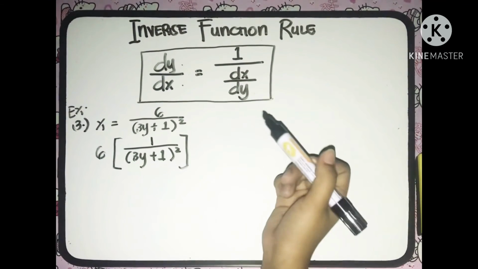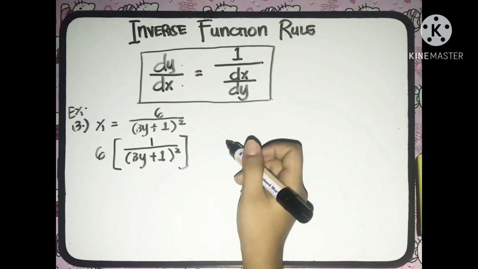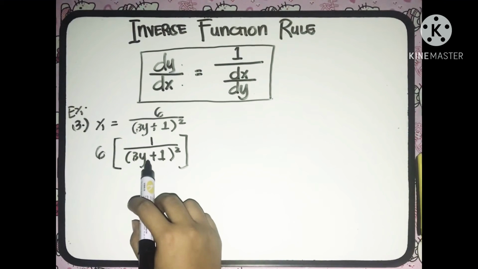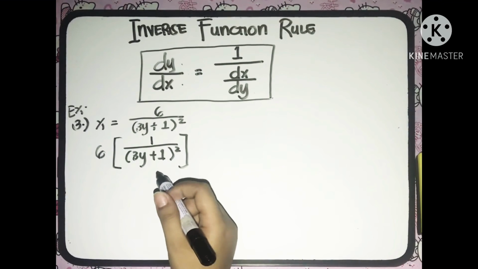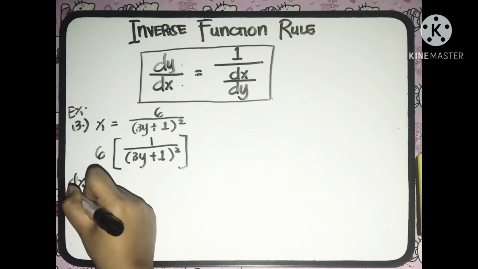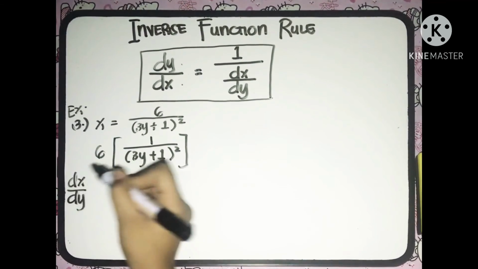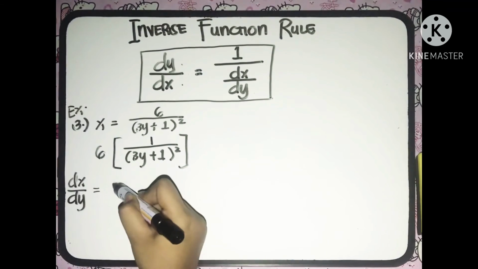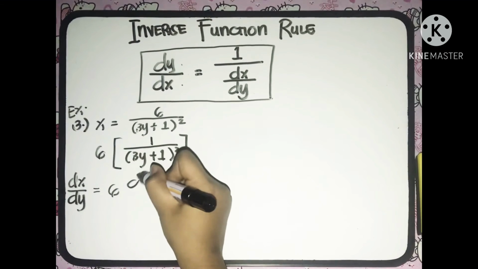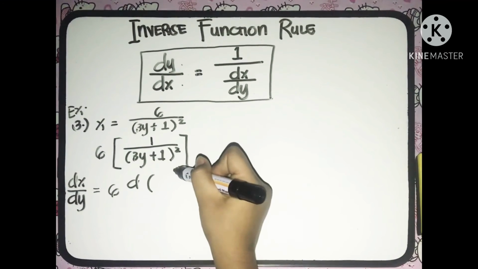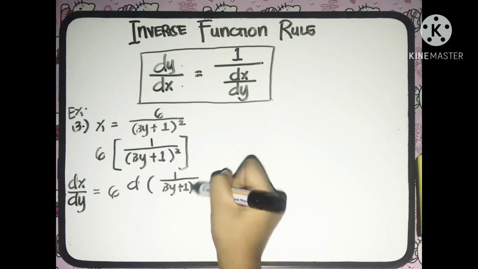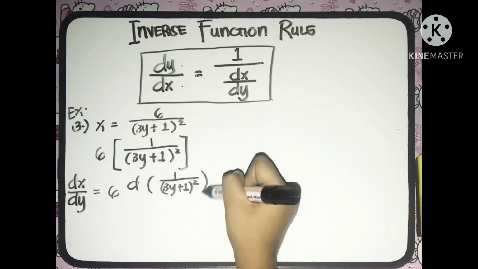And by doing so, we can apply the ninth rule in differentiation to this 1 over 3y plus 1 squared. Again, we're finding the derivative of x with respect to y. So, let's just copy the constant 6 multiplied to the derivative of 1 over 3y plus 1 squared with respect to y.